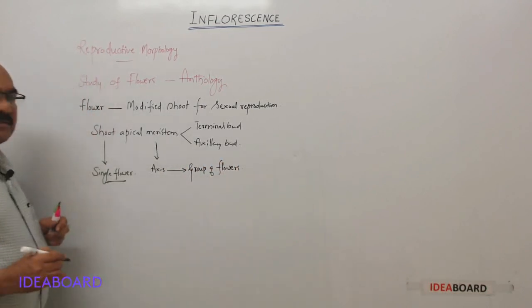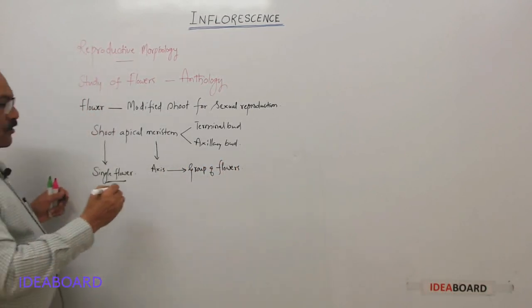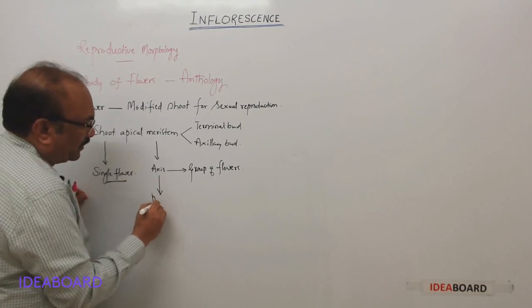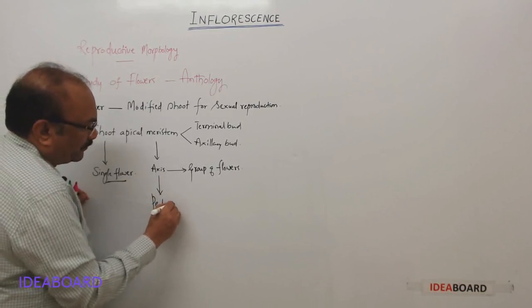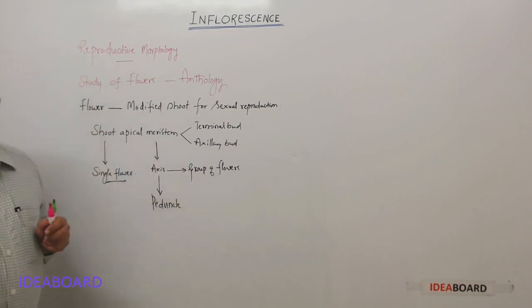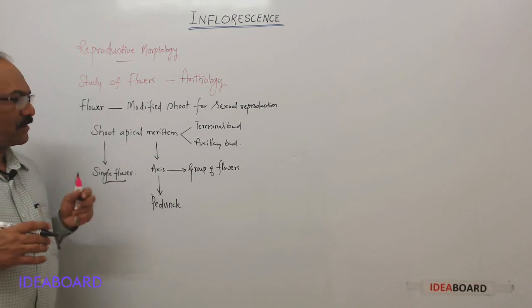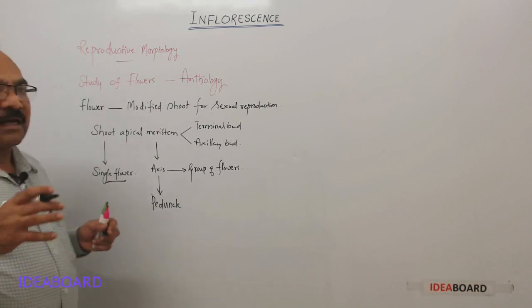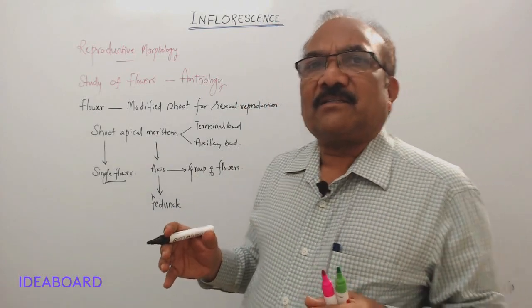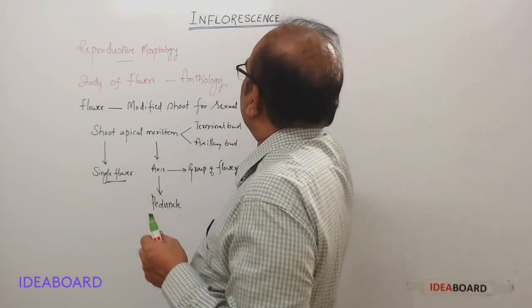The axis bearing the group of flowers is called peduncle. The arrangement of these flowers on this axis or peduncle is called inflorescence.